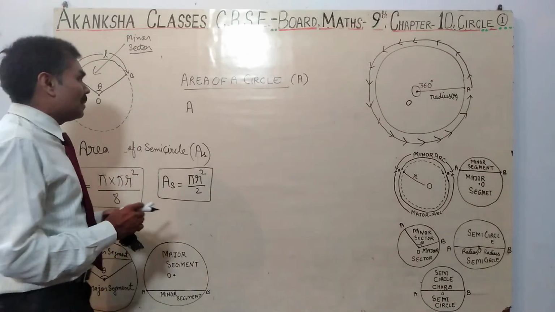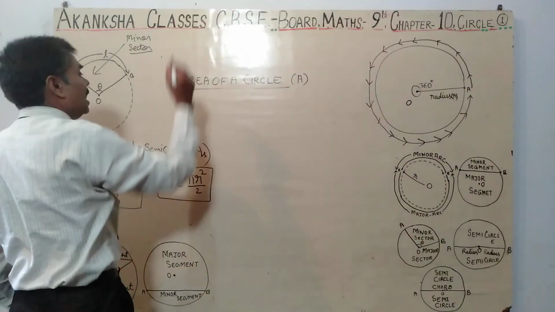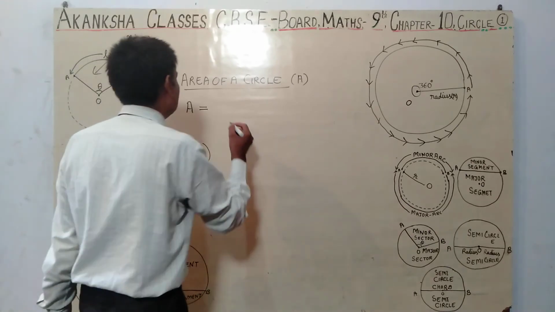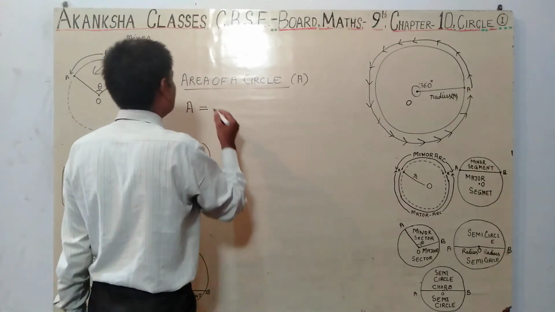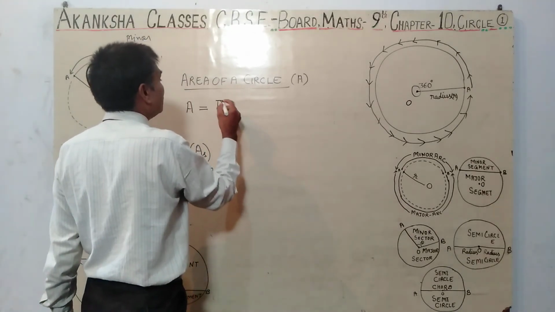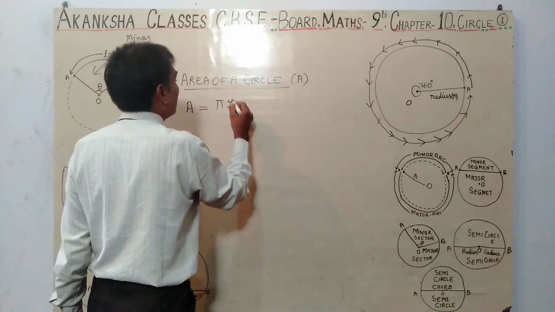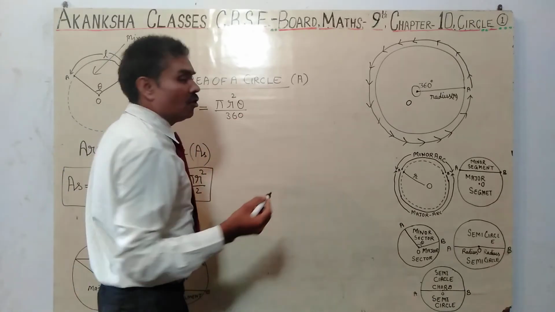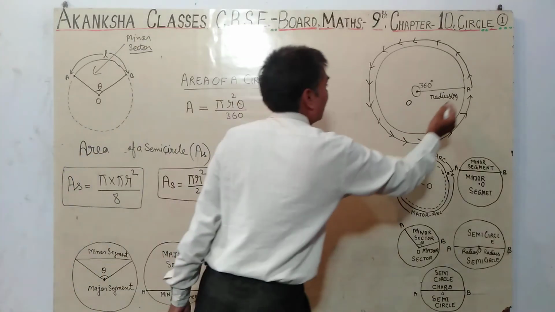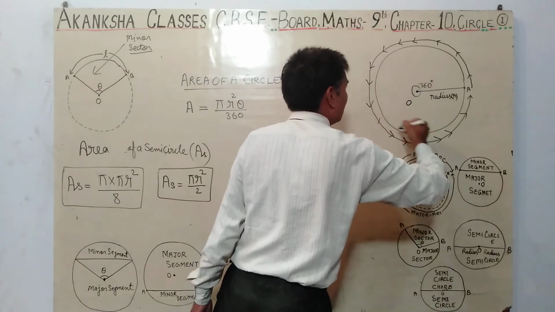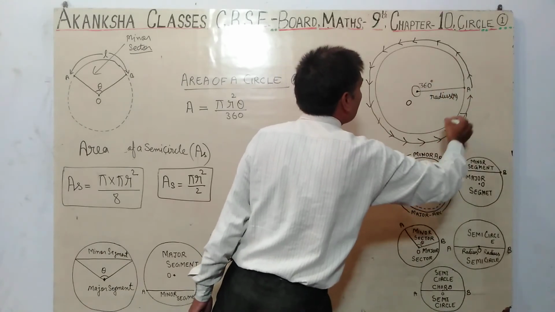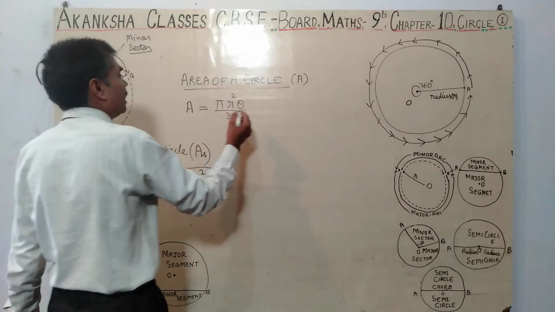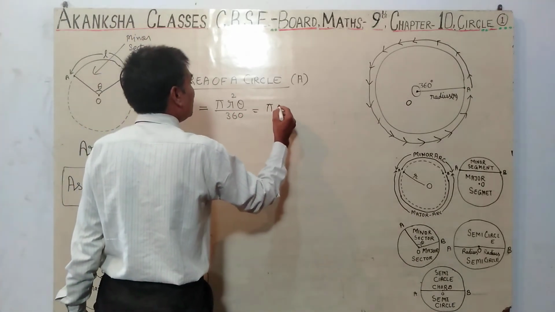Further, we will study about the area of a circle. If we represent area of a circle by letter A, applying the formula pi r square theta by 360, we know very well that a circle is a continuous arc of 360 degree. This means for a circle the value of theta equals 360 degree.